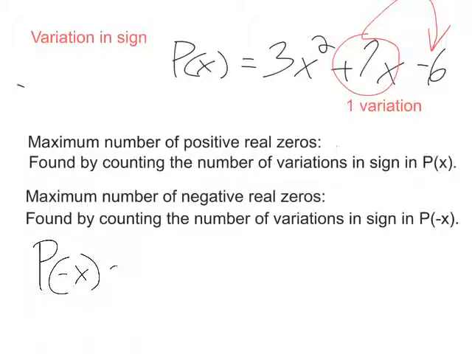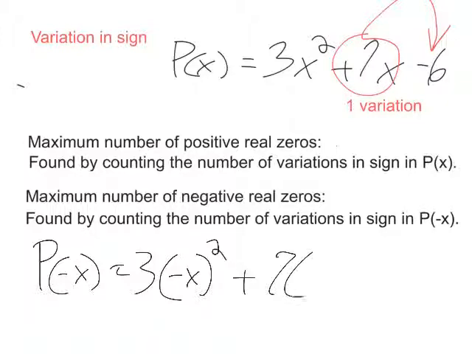So what you'll see happen in the polynomial is everywhere that the x has an even power, like here where I'm squaring it, or in the terms that don't contain an x, whoops, got ahead of myself there, didn't I? That's supposed to be a negative x in parentheses. The terms that don't have an exponent, like the negative 6 here, the constant term, those two terms will wind up not changing sign at all, okay?